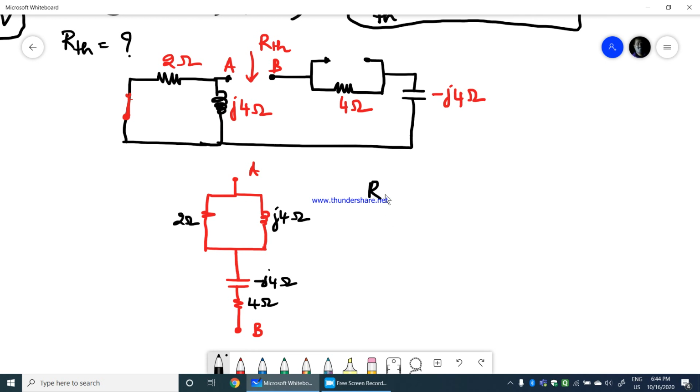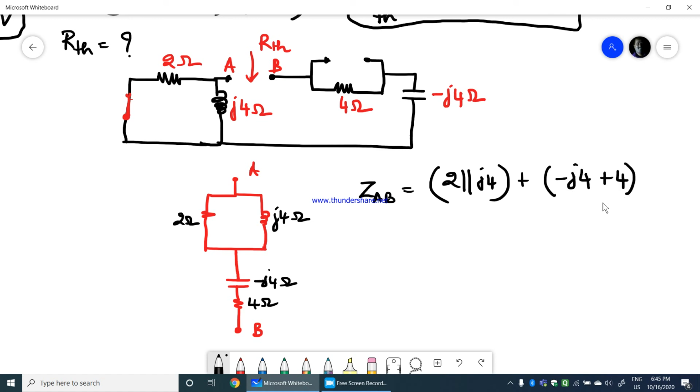Therefore ZAB would be equal to 2 parallel with J4, that in turn in series with minus J4 plus 4. So it is 2 into J4 divided by 2 plus J4, minus J4 plus 4.